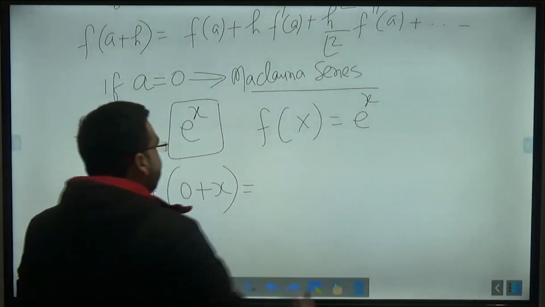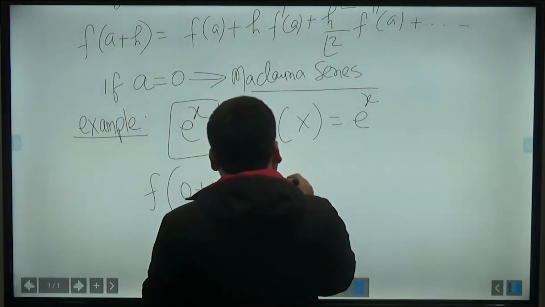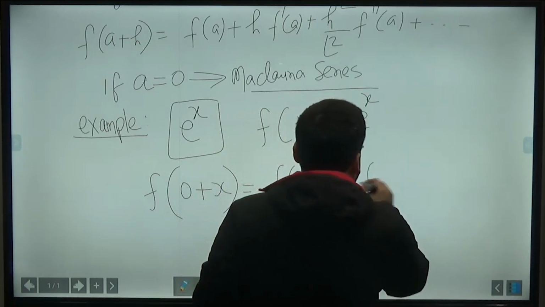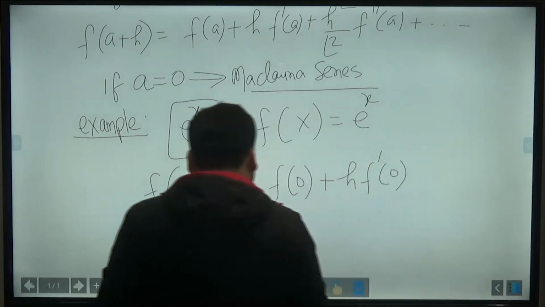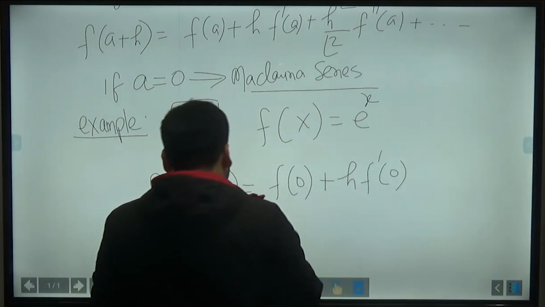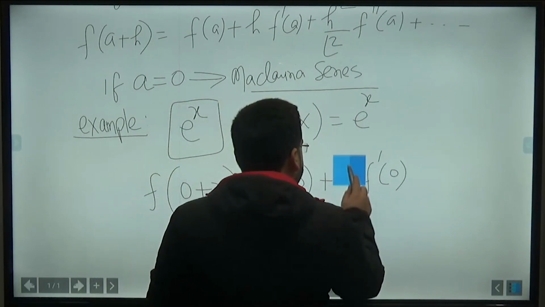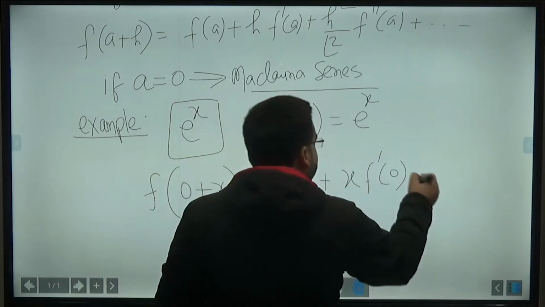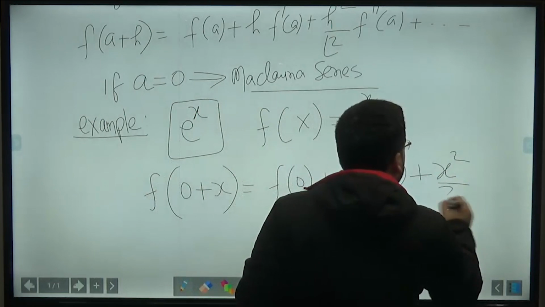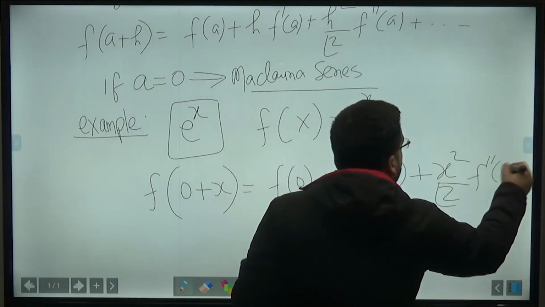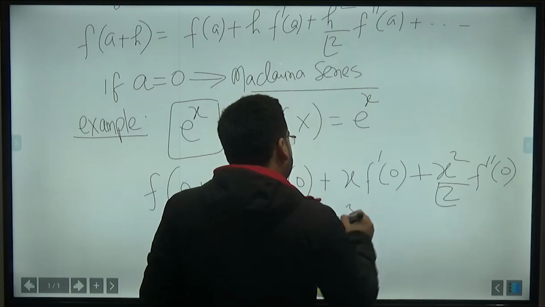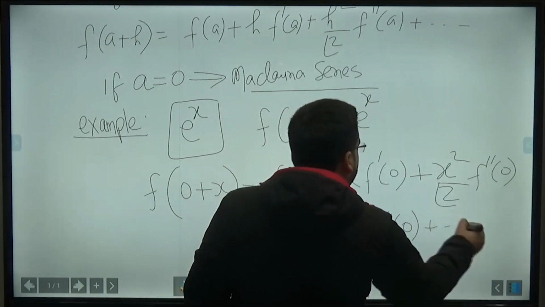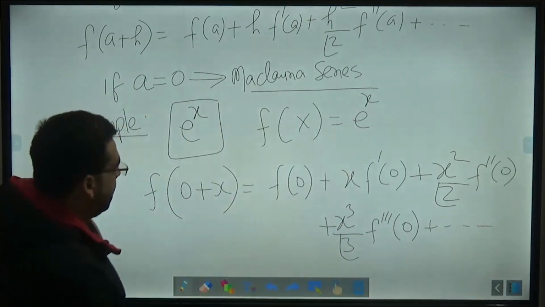It will be equal to, here a is equal to 0, f of a, that is f of 0 plus h into f dash of 0, not h but x here, because now I have replaced this x with h here. It will be x into f dash of 0 plus x square upon 2 factorial into f double dash of 0 plus x cube upon 3 factorial into f triple dash of 0 and so on.